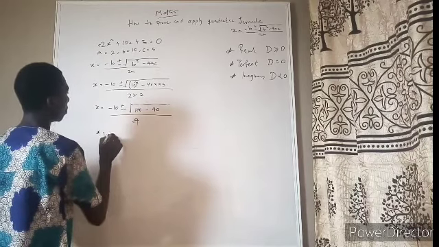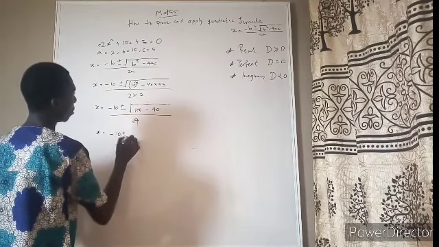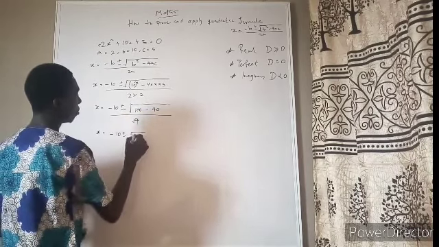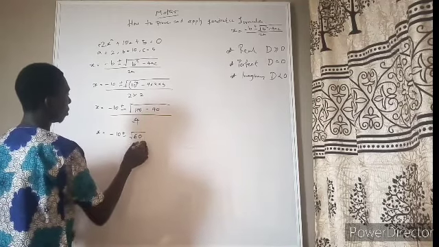So x equals minus 10 plus or minus root 100 minus 40, which is 60.